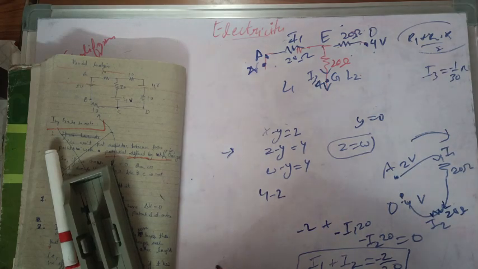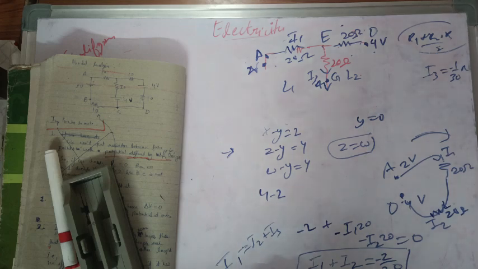And now since we know that I1 is equal to I2 plus I3, we can eliminate this value, subtracting this from this.